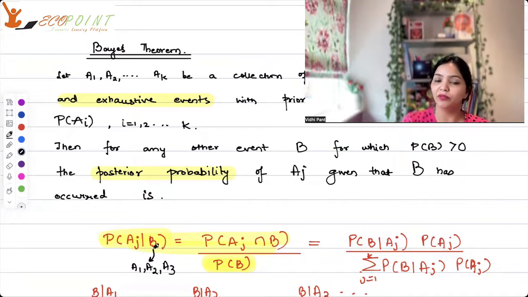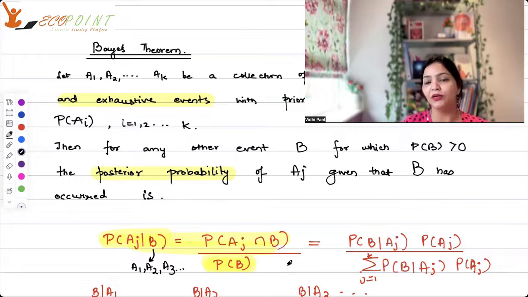So the probability of B would be dependent on all these events. Therefore, I'll have to use total probability. The moment I'm using total probability, the conditional probability that I'm figuring out is nothing but Bayes' theorem. I hope it is clear to you how to use the multiplication rule and total probability, and how to figure out whether I'm supposed to use Bayes' theorem or not.